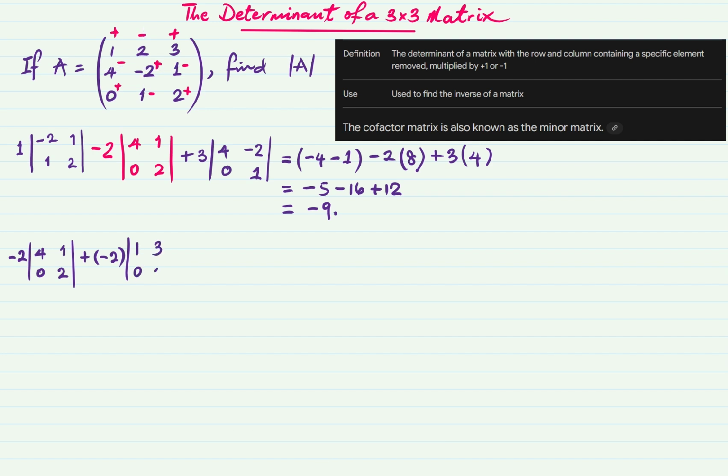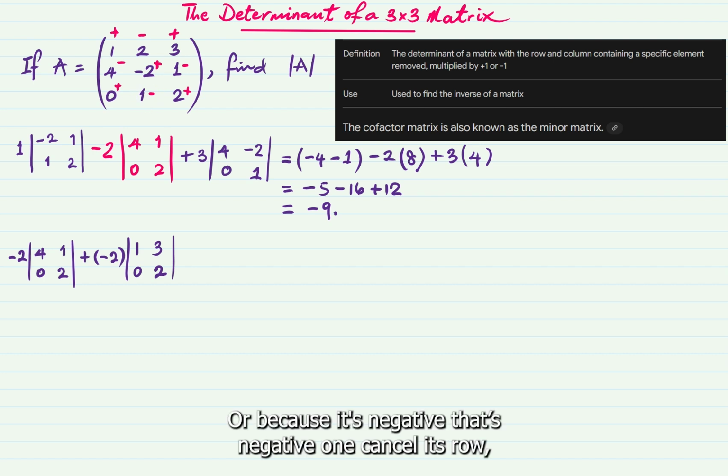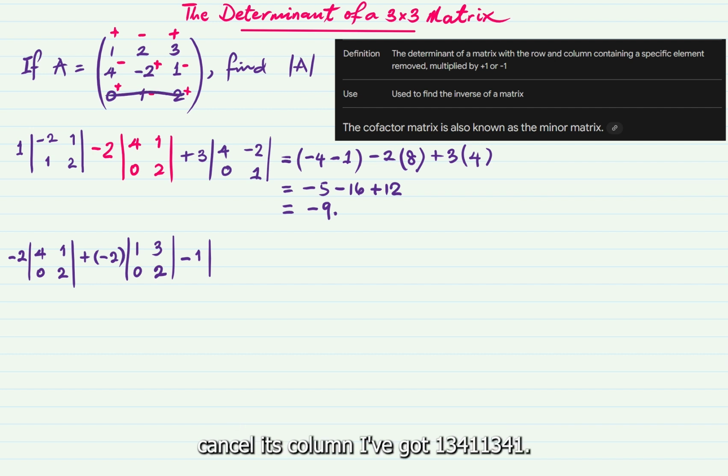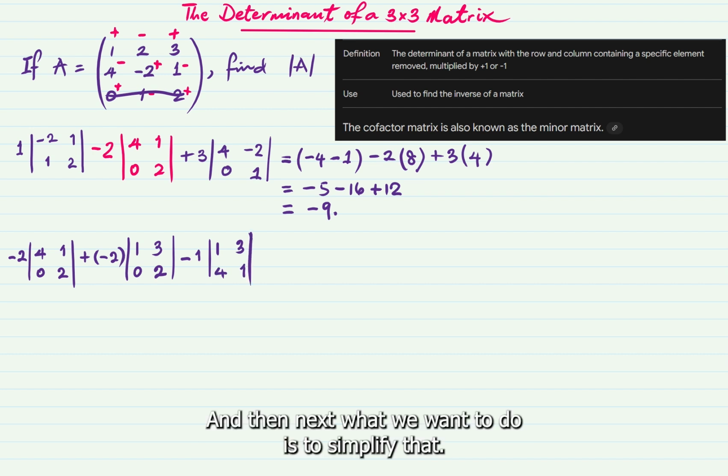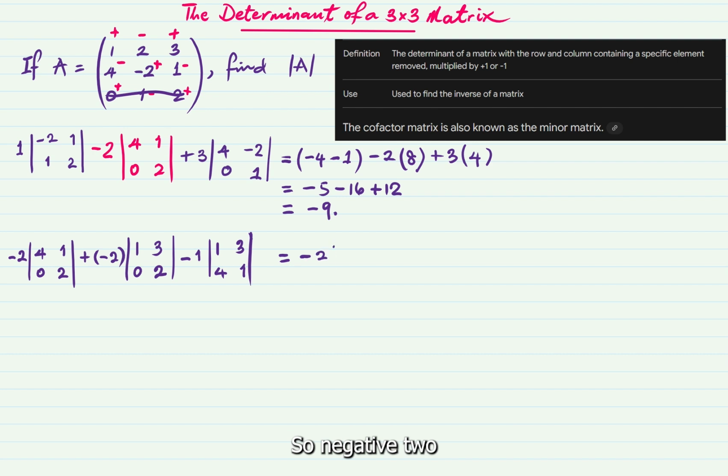And then next is 1, but because it's negative, that's -1. Cancel his row, cancel his column. I've got 1, 3, 4, 1. And the next what we want to do is to simplify that. So -2.